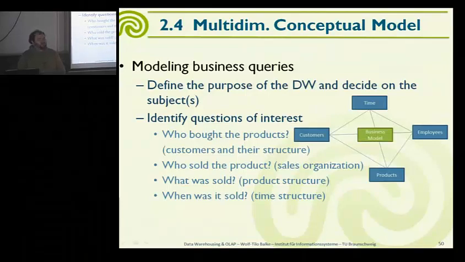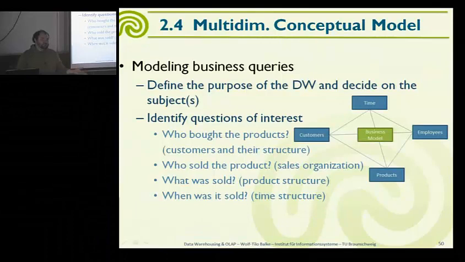So if you want to question who buys products and you want to do targeted marketing and stuff like that, you should do a subject orientation on the customer, right? If you want to organize and optimize your dealer network, you should talk about the location of stores and dealers as the subject.